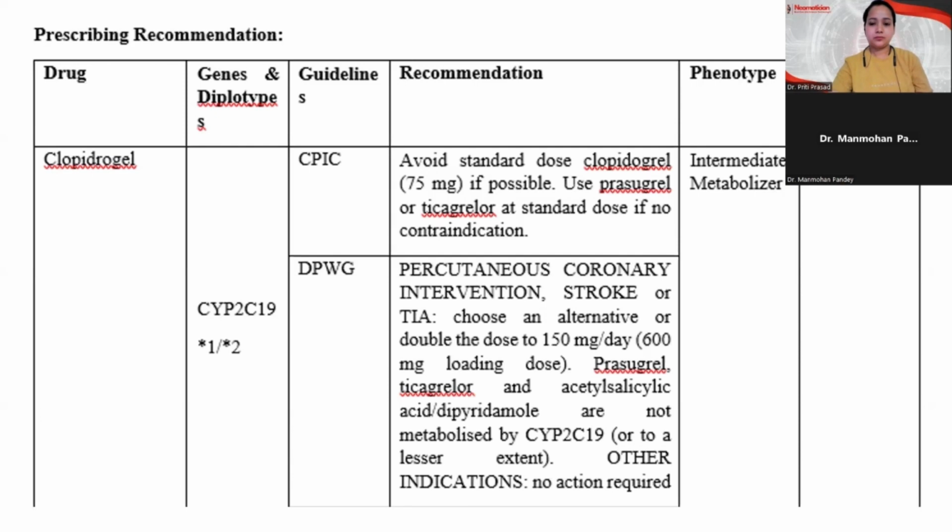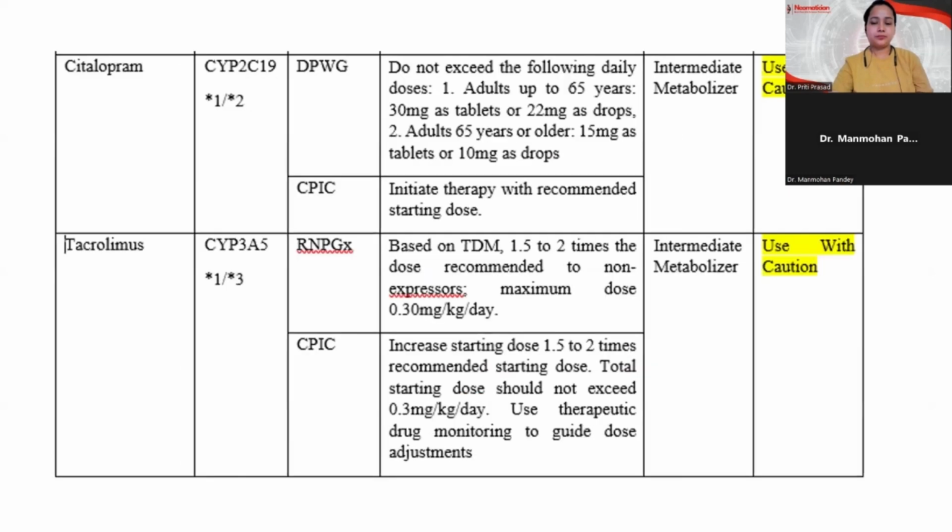So in this case you can see that CPIC, this particular variation is there. As per CPIC, we have to use some alternative drug, because this may cause adverse drug reaction. Next please. Similarly, I've taken the example of citalopram and tacrolimus.